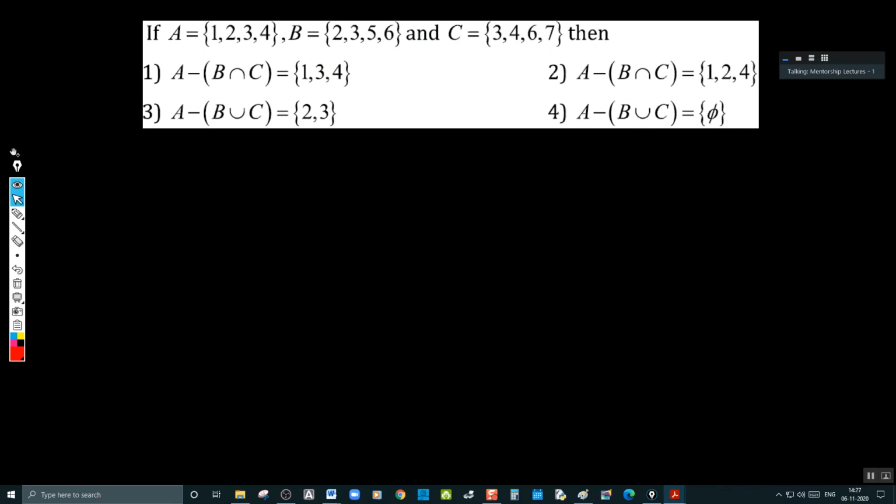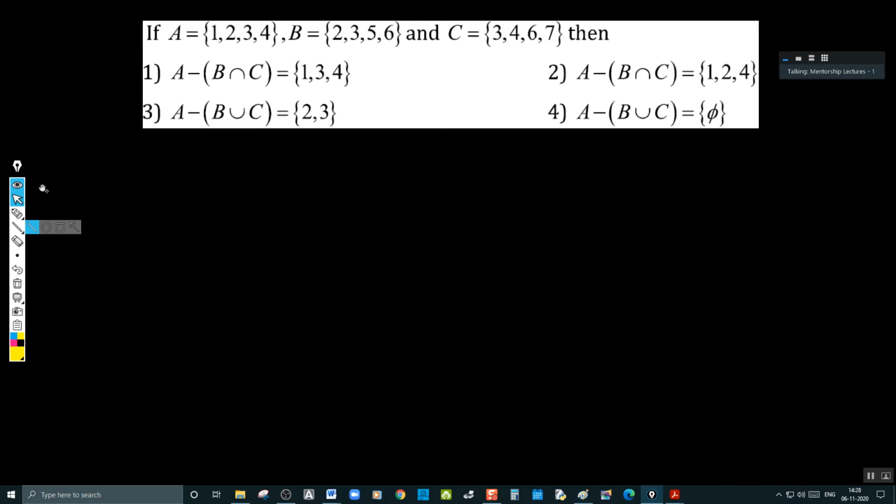Now, let's move on to the problems. A is given to be 1, 2, 3, 4. B is given to be 2, 3, 5, 6. C is given to be 3, 4, 6, 7. Then A minus B intersection C. He is asking for, in every case, first one intersection, second one also intersection, third one union, fourth one union.